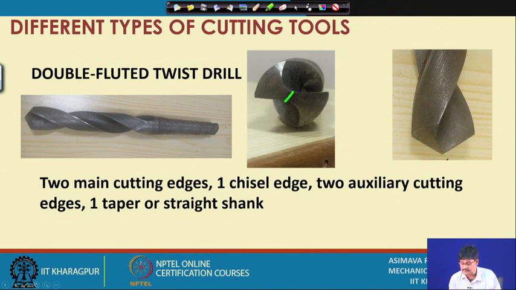It cannot be seen from this side. What is its role? As we have to provide a body to the drill, ideally we would have liked this particular configuration. Let me show you. Yes, this is visible.